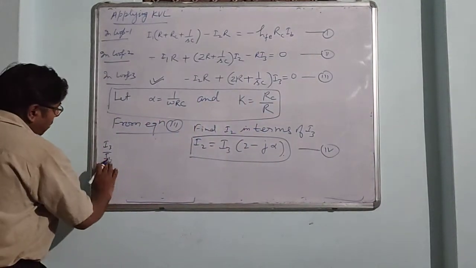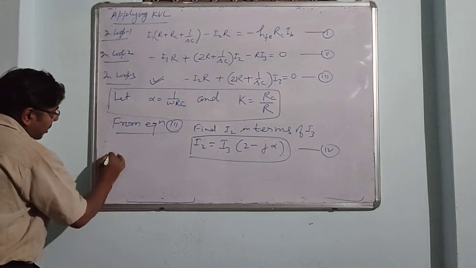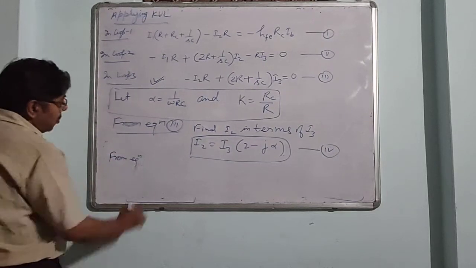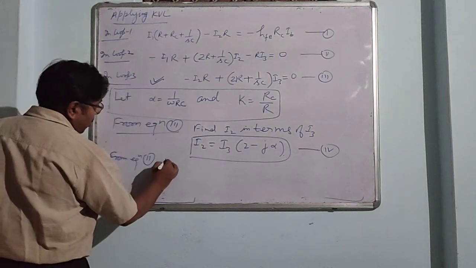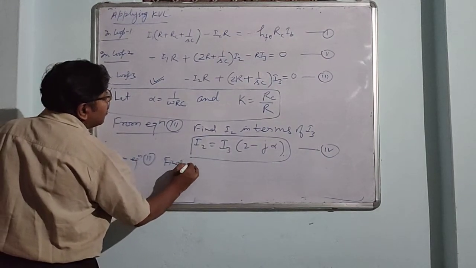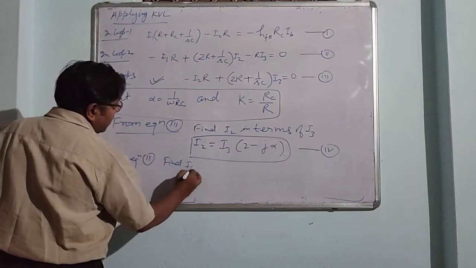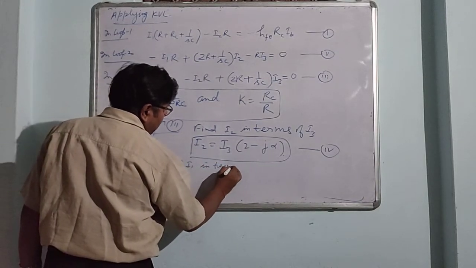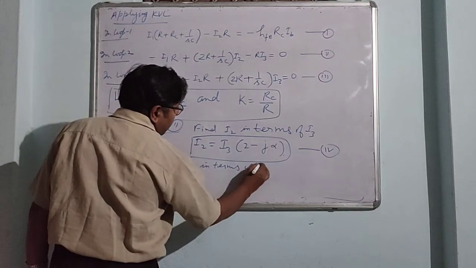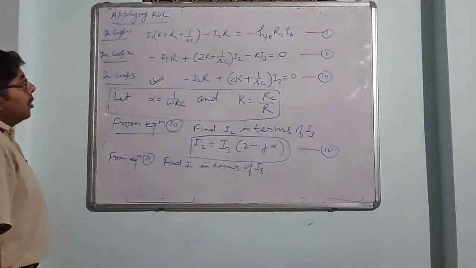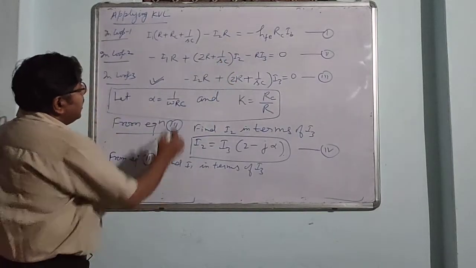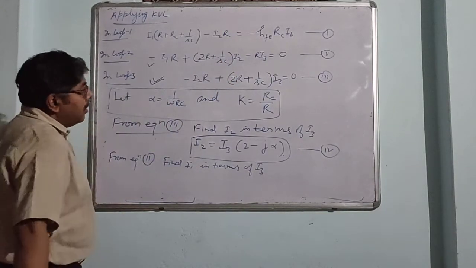And from equation 2, find I1 in terms of I3. So you can replace this value I2 first, then you can calculate the value of I1.